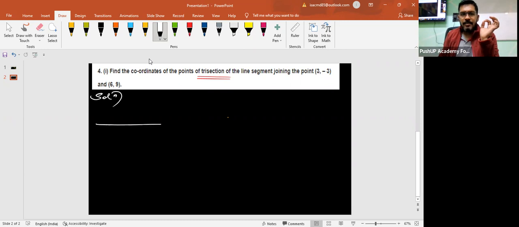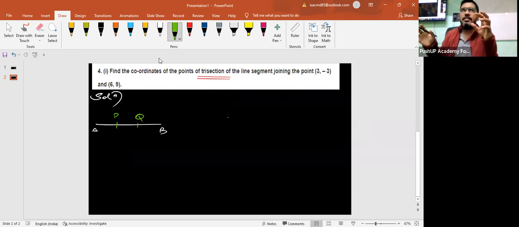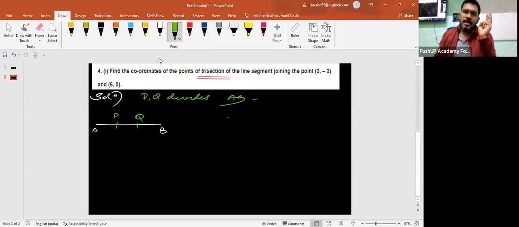If there is a line segment AB like this, and I give you 2 points, P and Q, plotted exactly on top of the line segment AB, and if P and Q divide the line segment AB into 3 equal parts, I repeat, children, P and Q divide the line segment AB into 3 equal parts.